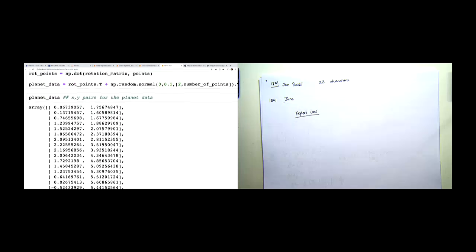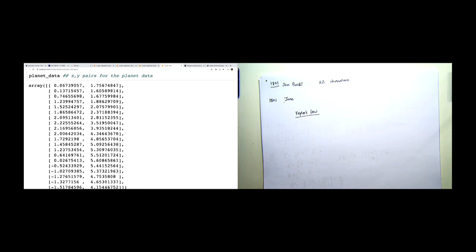But let's say what we had was a bunch of XY pairs in the plane, right? For observations where we have actually seen this particular planet. This is our data, right? In a machine learning context, one might think of this as training data. We have some XY pairs that are given to us.